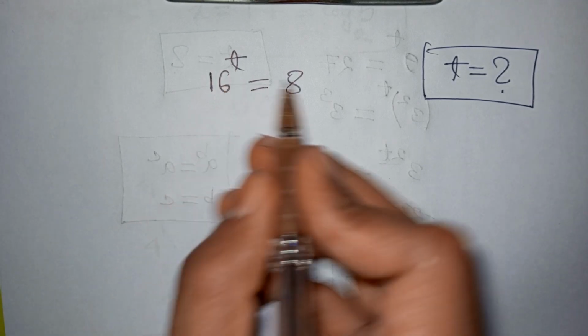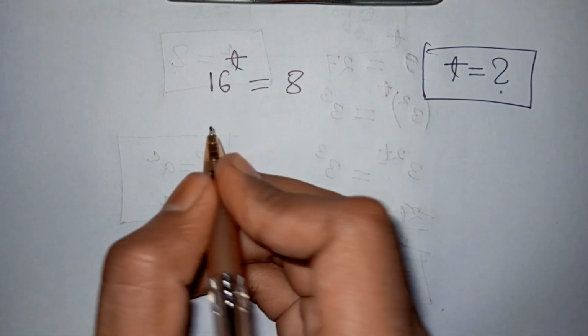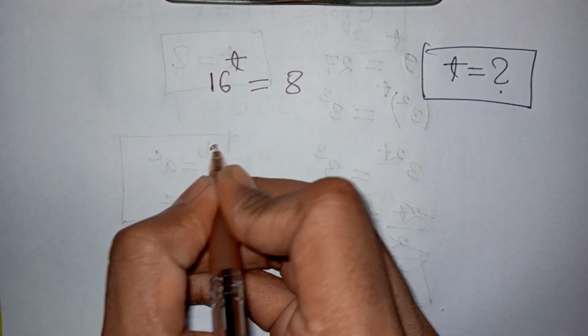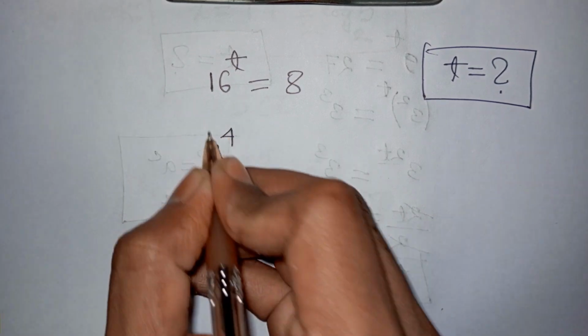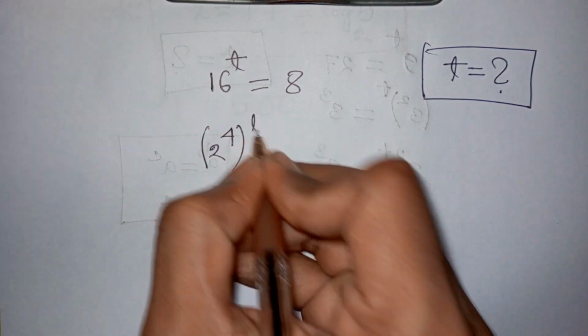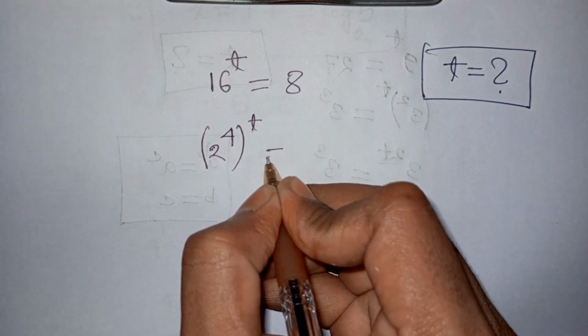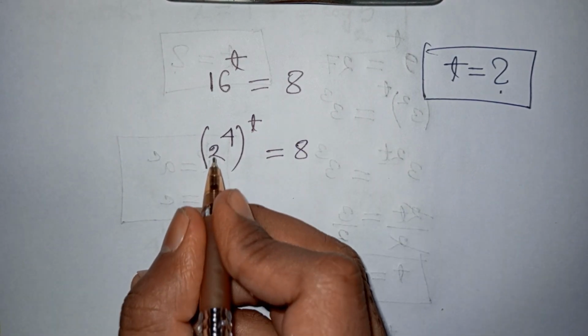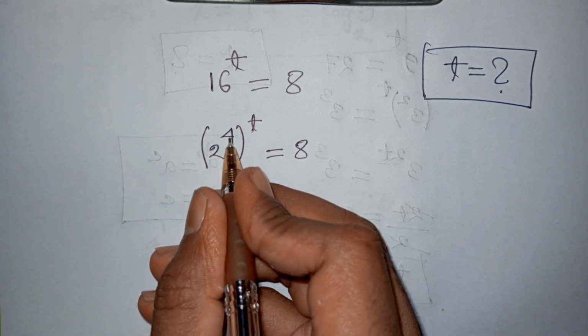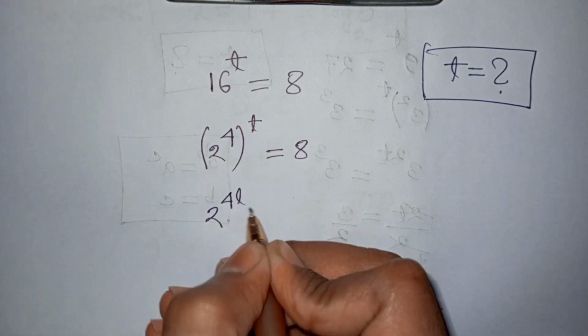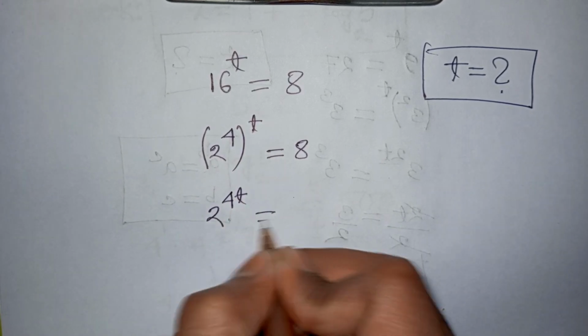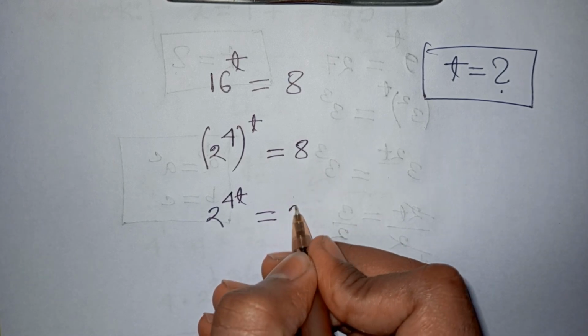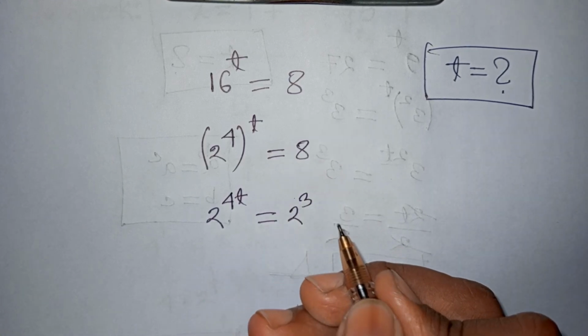16 to the power t is equal to 8. Find the value of t. So we have 16^t, which is the same as (2^4)^t, is equal to 8. In the next step we have 2 to the power 4 times t, so it will be 4t, is equal to 8, which is the same as 2 to the power 3.